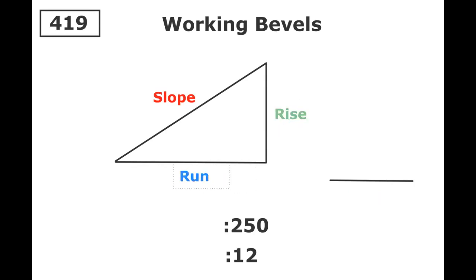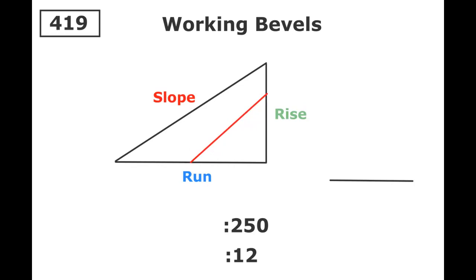run is shorter than your rise, you have a very steep slope, which would be a bad thing, right? If my run is very short and my rise is very tall, I am increasing the slope.